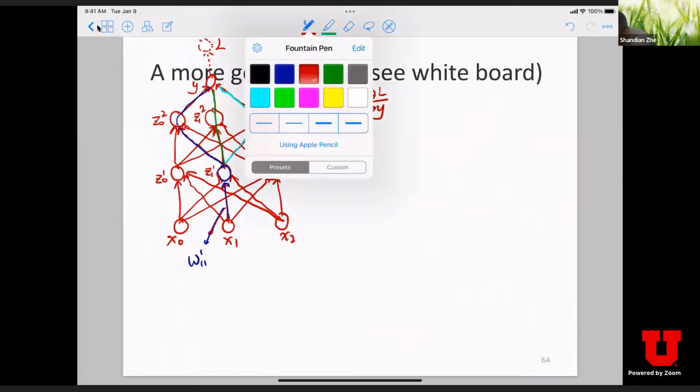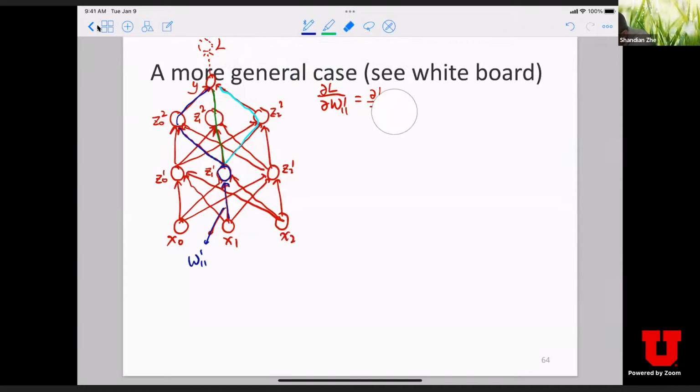Then going back from y to z02, the parent is y, the child is z02, so we compute partial y over partial z02. Then we go back from z02 to z11, so we get partial z02 over partial z11. And finally, we compute partial z11 over partial edge weight w111, right?